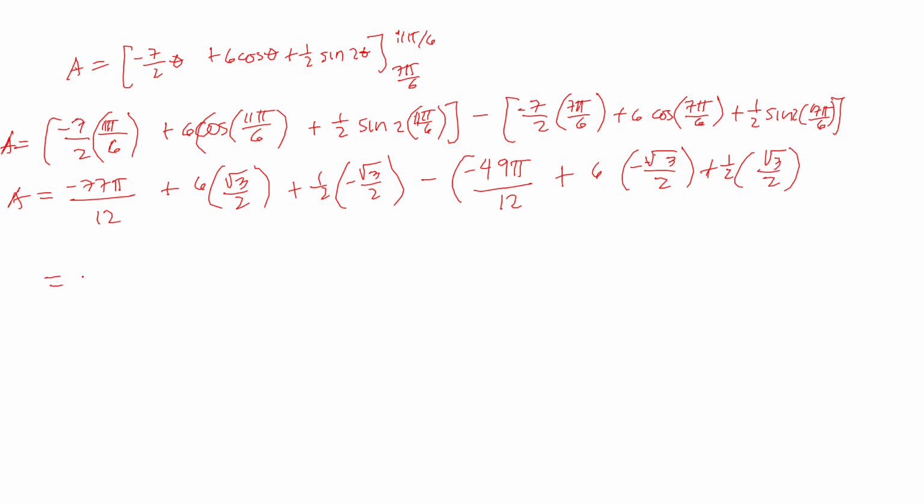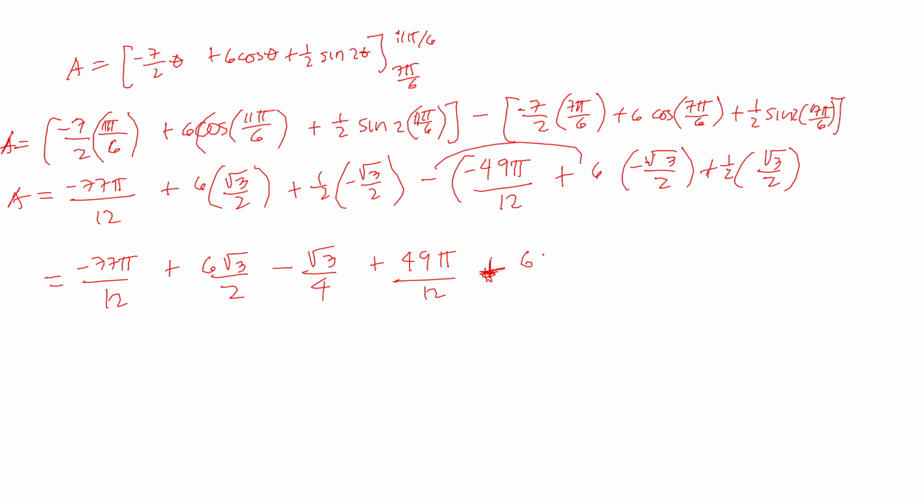Okay, so simplify. Negative 77 pi over 12 plus 6 square root of 3 over 2 minus square root of 3 over 4 plus 49 pi over 12 plus 6 square root of 3 over 2, and this will become minus square root of 3 over 4.